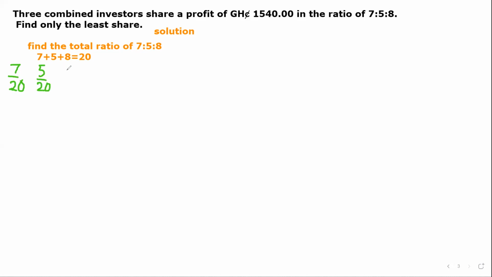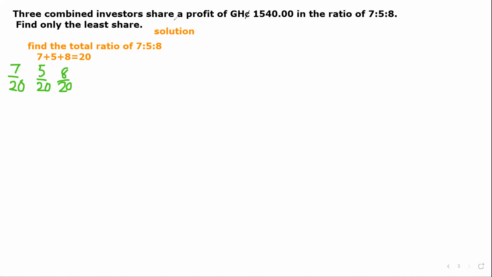And then for the last person, the fraction will be 8 out of 20. So assuming that the money is 20 Ghana cedi, the first person will be taking 7 out of the 20 Ghana cedi. The second person will be taking 5 out of the 20 Ghana cedis. And the last person will be taking 8 out of the 20 Ghana cedis.